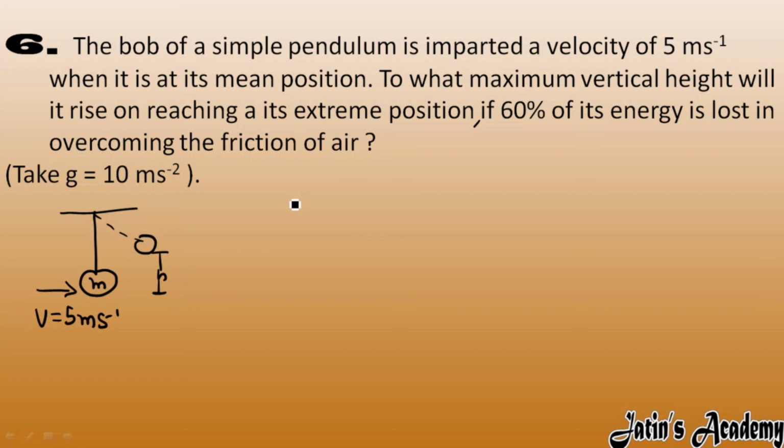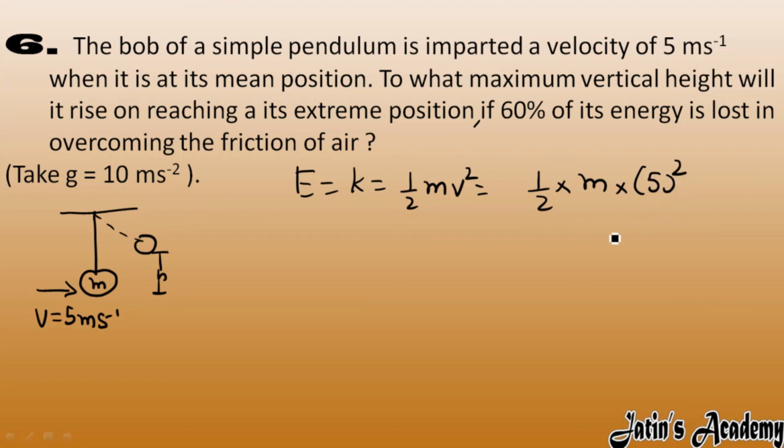Now here carefully see, initially the bob we have given some velocity, so the initial energy this bob will get is in the form of kinetic energy, which is half mv square. So half, mass value we have m. Here mass is not given, so we will take the value as m only. Velocity we have 5 square.